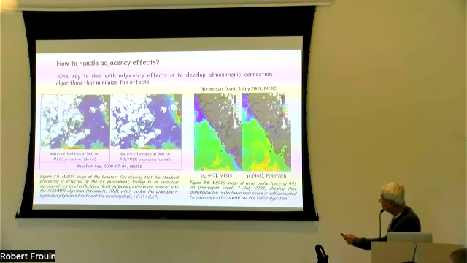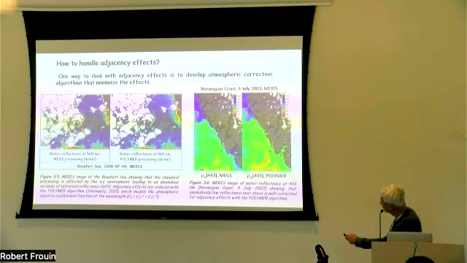Another example here is the Norwegian coast. You see that the standard algorithm this time gives you quite low reflectance along the coast. So you may say, oh, this could be an interesting upwelling type phenomenon or something like this.